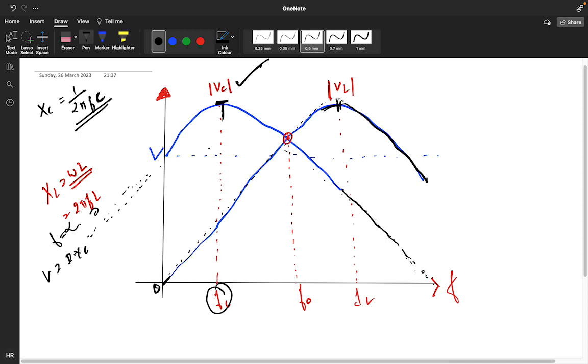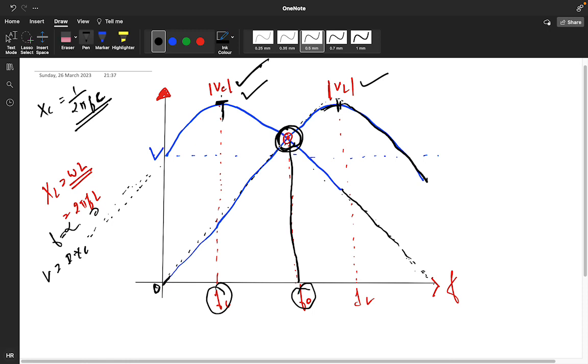Now this is the graph for VC, and this is the graph for VL. Where VC and VL intersect, that frequency is known as the resonant frequency. We draw the graph for VC and VL separately in the same graph, and where they intersect, that point is the resonant frequency.